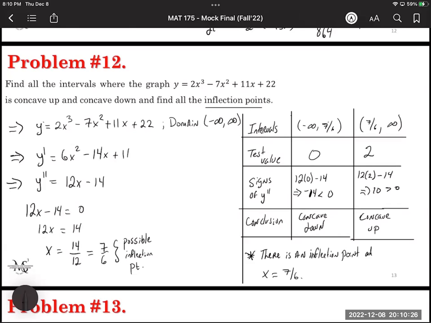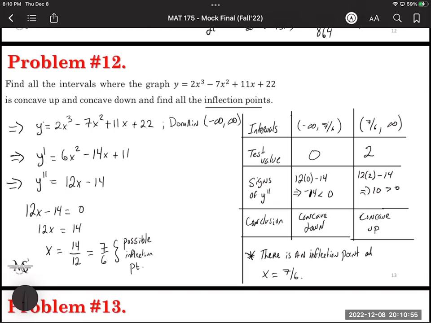The thing is, you only have 2 hours to complete this final exam. So even though it says inflection point, where you would technically have had to find a y value, for this problem, solving for y would have been meaningless. Just say that an inflection point is located at the value that you found earlier, which was 7/6.